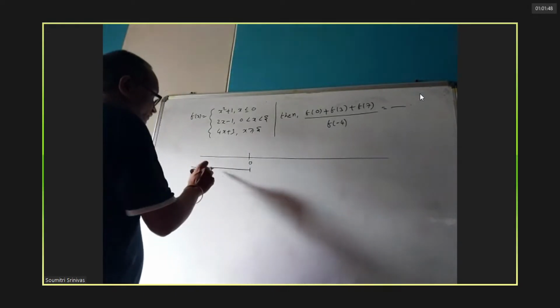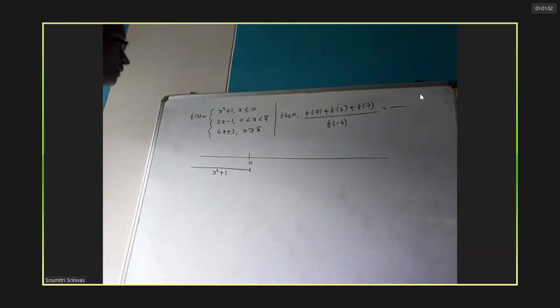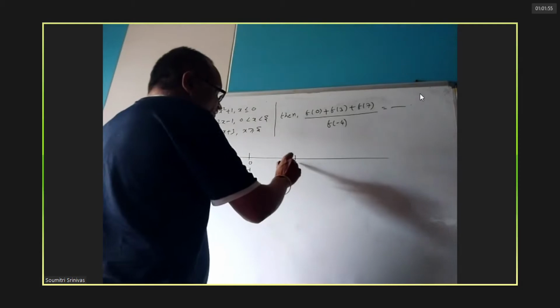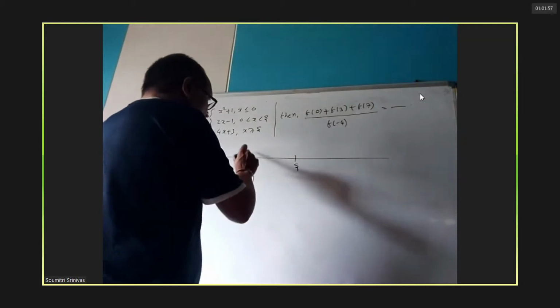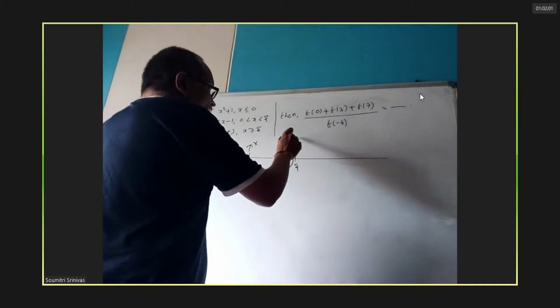How is the function defined? X square plus 1. In the interval 0 to 5, remember 0 not included, 5 not included.